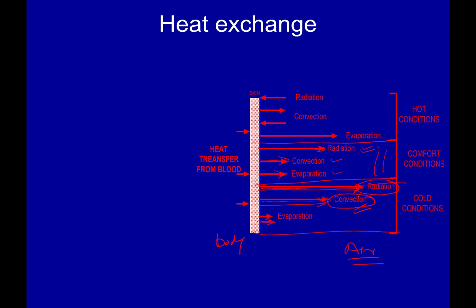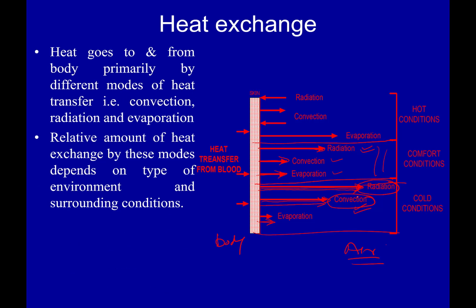Similarly, in hot conditions, people need to be protected so that exposure to the hot condition is avoided. So heat goes to or from the body primarily by different modes of heat transfer: convection, radiation, and evaporation, and the relative amount of heat exchange by these modes depends on the environment, like the temperature conditions.